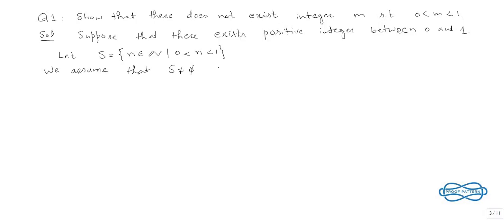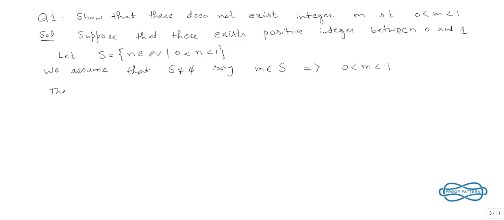We have assumed that S is non-empty and say there exists an element m belonging to S. This means because m belongs to S, and S consists of all those positive integers which are between 0 and 1, this m will be greater than 0 but less than 1.